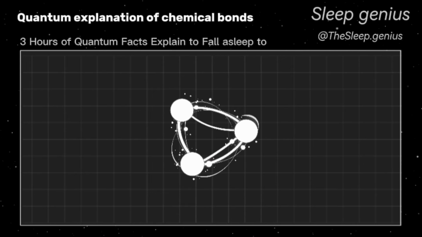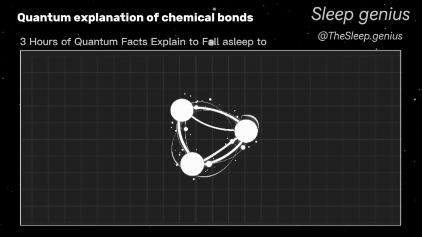These insights have practical ramifications in the material and biological sciences. The stability of DNA, the reactivity of enzymes, the conductivity of materials, and the design of pharmaceuticals all hinge on a quantum understanding of bonding. Quantum chemistry allows researchers to predict how molecules will interact before they are synthesized, guiding the development of new materials and drugs.